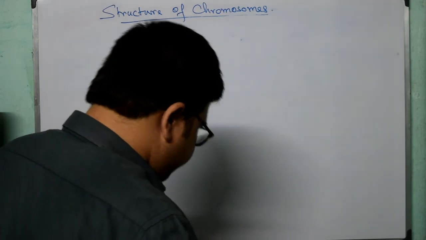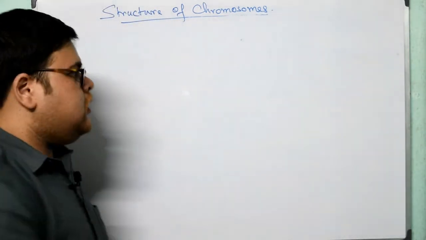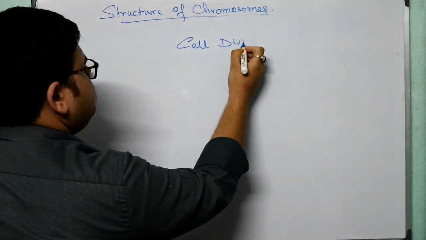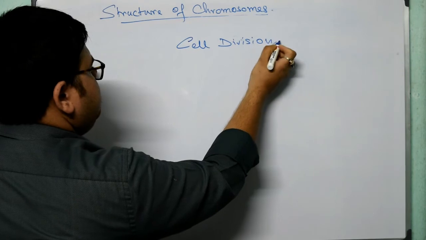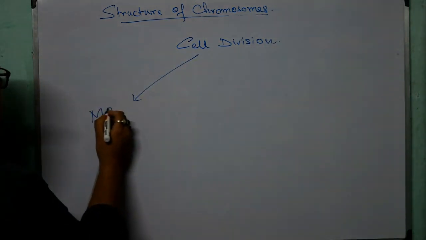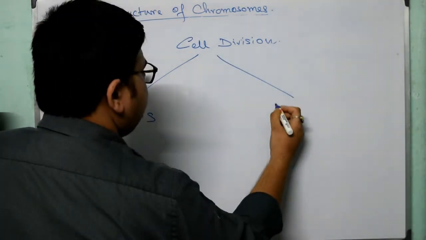For reproduction, cell division, there are two types of cell division. One is mitosis, another one is meiosis.